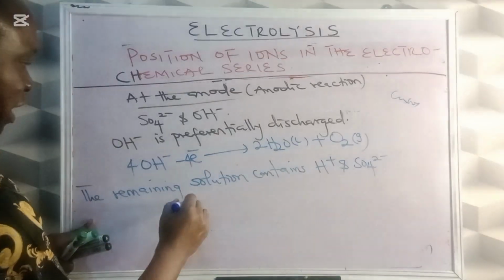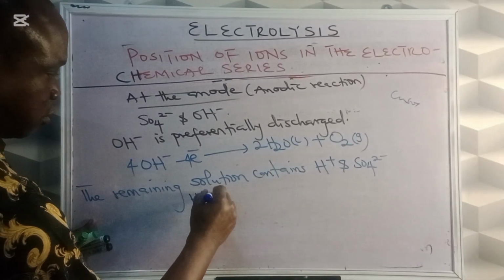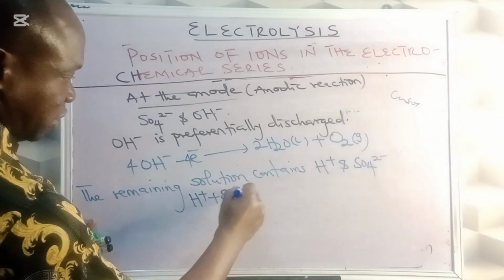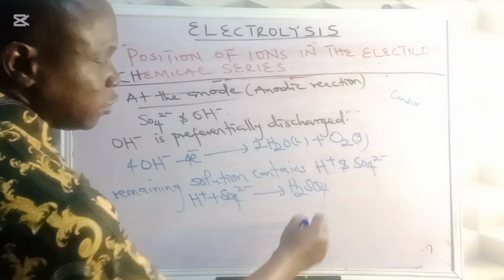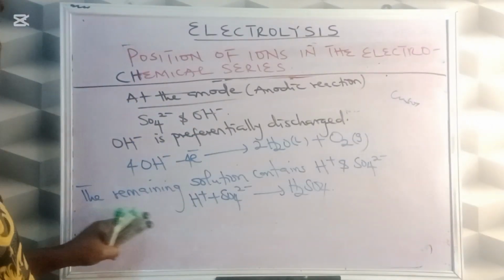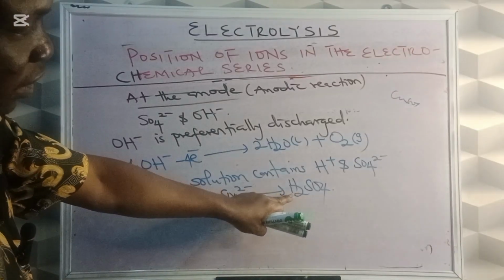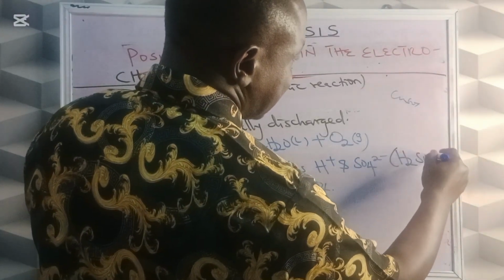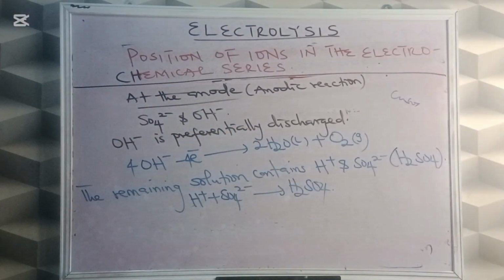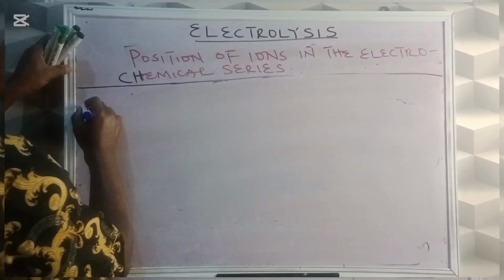So when the two combine, H+ plus SO4 2-, you have H2SO4. So for this reason, the resulting solution contains H2SO4. It is acidic. So what we have done in example 2, let's put it in a tabular form.